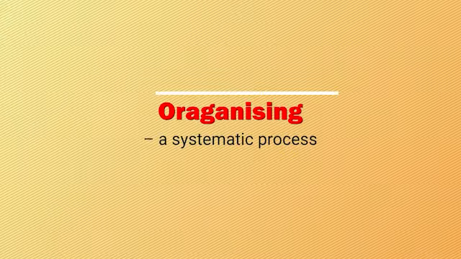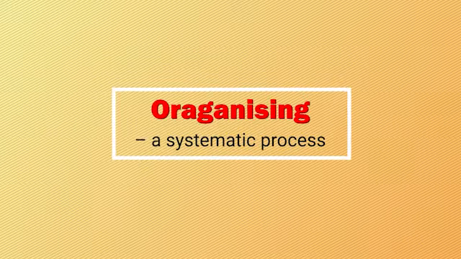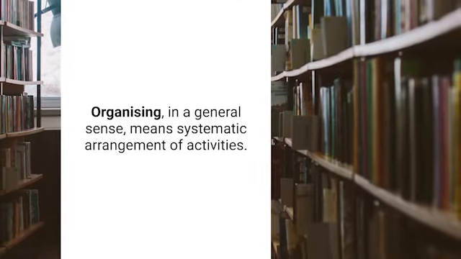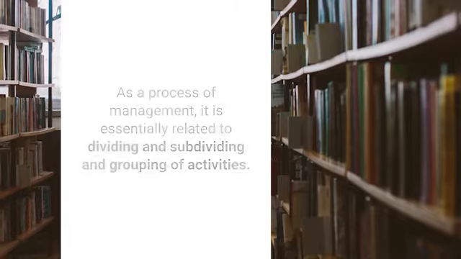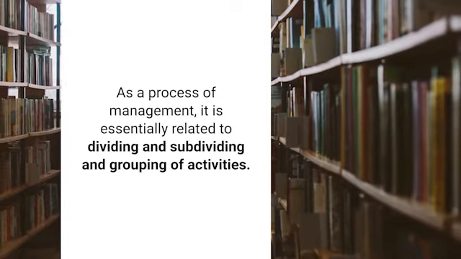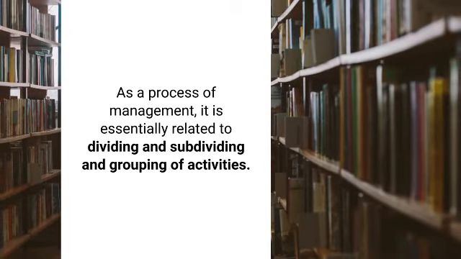Organizing is a systematic process. You identify the different activities, and all these activities you have to systematically arrange. It is a process of management. It is essentially related to dividing and subdividing and grouping of activities also.